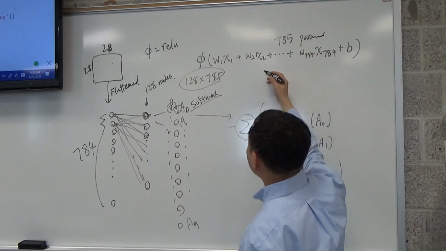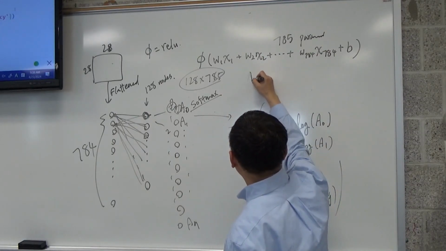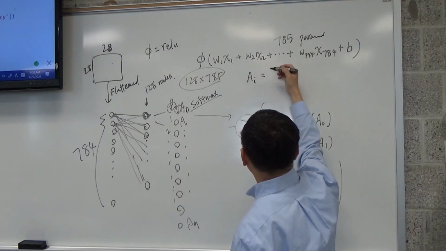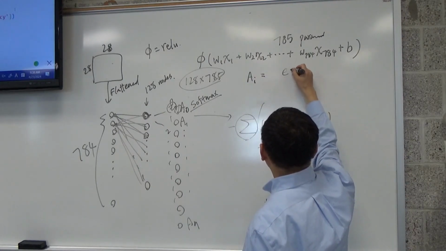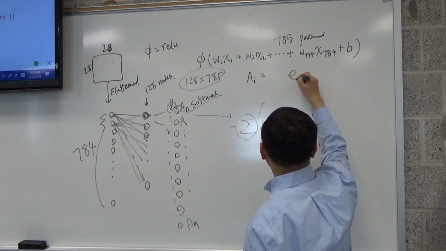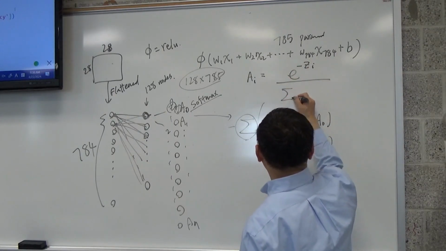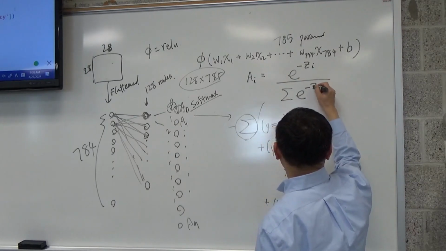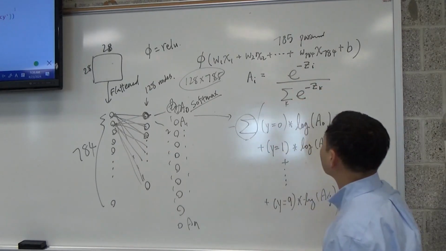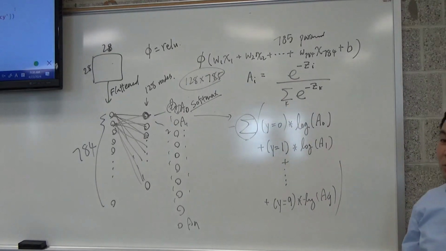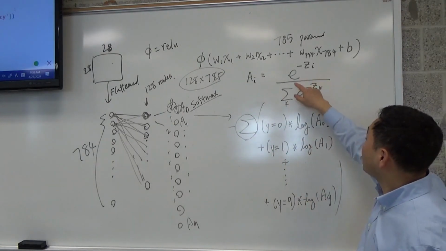The way you get Ai is that Ai is e to the negative Zi over the summation of all the e to the negative Zk, adding over k.